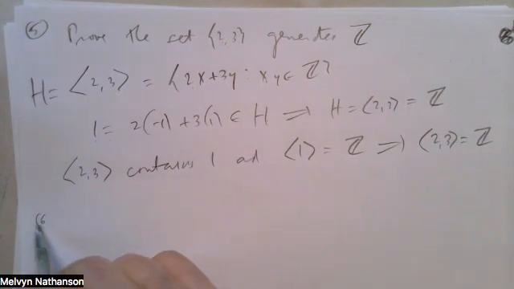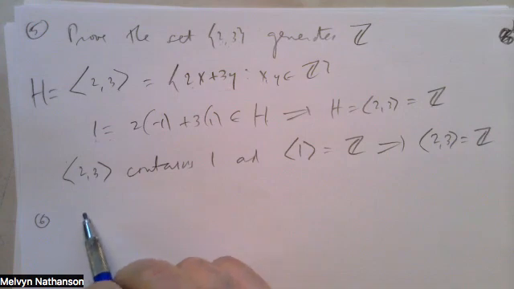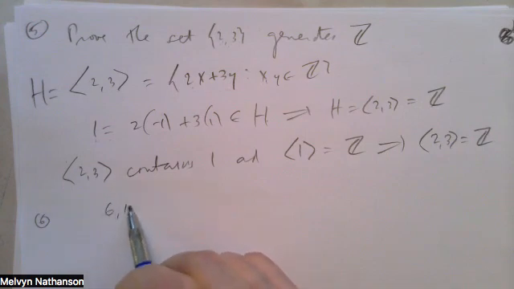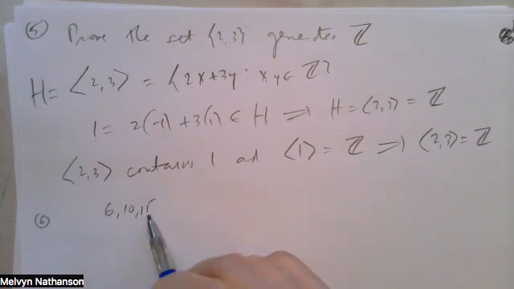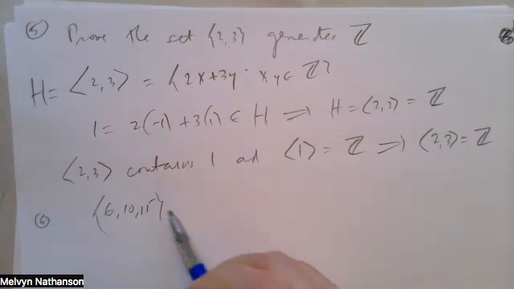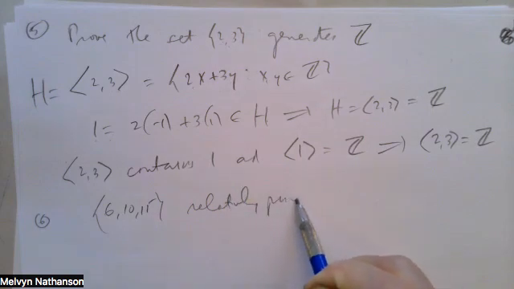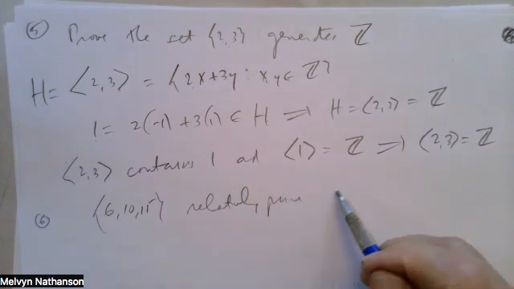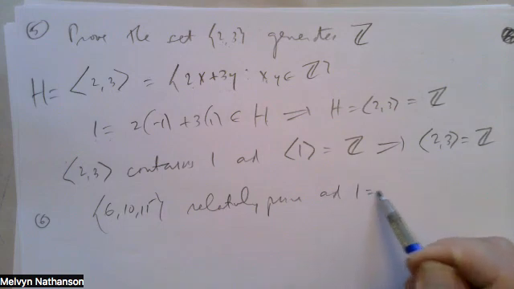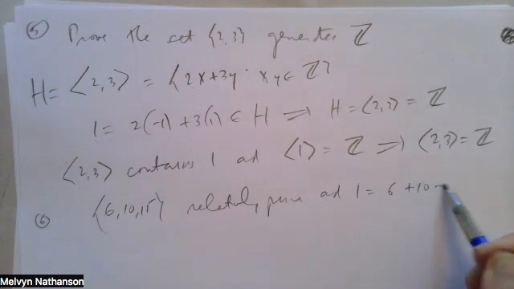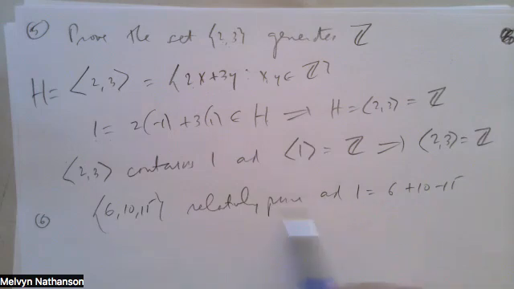And problem number 6 is similar. If I take the subgroup generated by the numbers 6, 10, and 15, these numbers are relatively prime. And in fact, I can write 1 as 6 plus 10 minus 15.